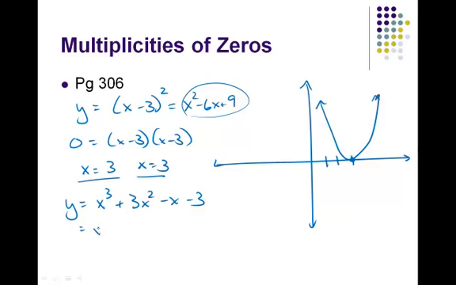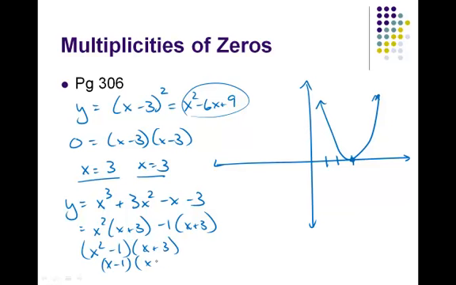You can use your calculator, or we could factor this, and I find that I have several zeros. I have 3 factors, and my zeros are positive 1, negative 1, and negative 3.